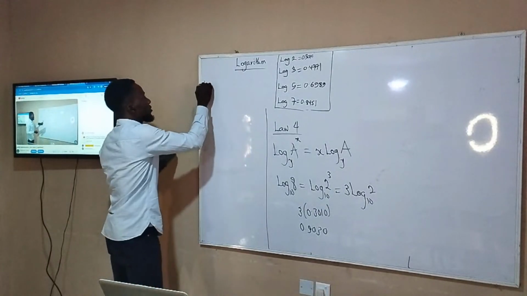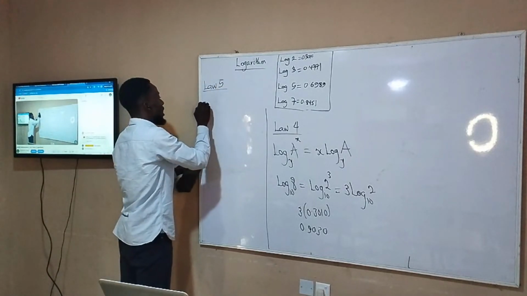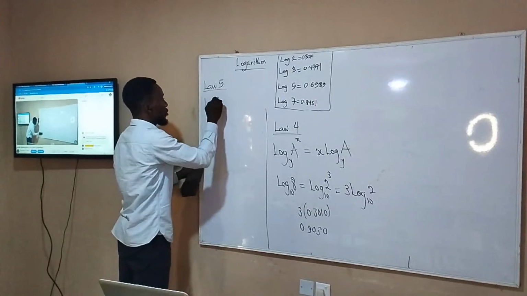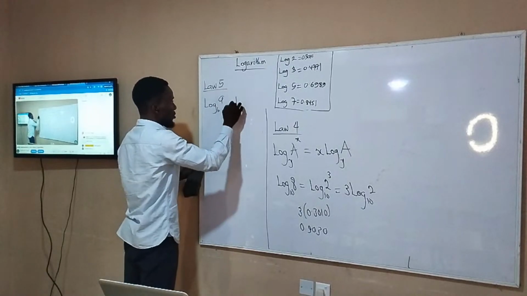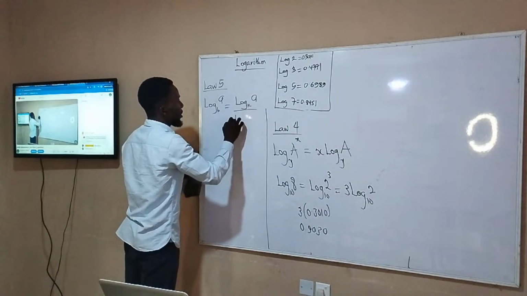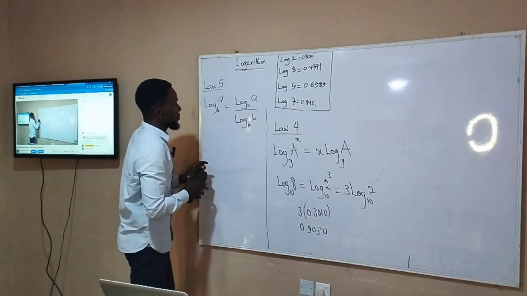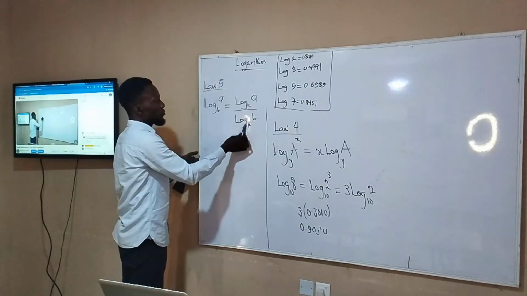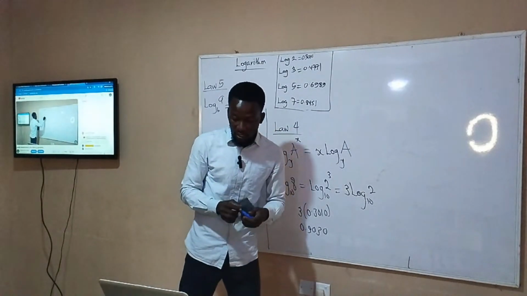Law 5 states that if I have log A base b, it is the same thing as log a base k divided by log b base k. Is that taken? So this is divided by this, and we have to give both of them a universal base. Is that taken?